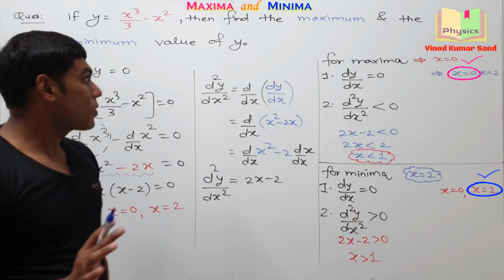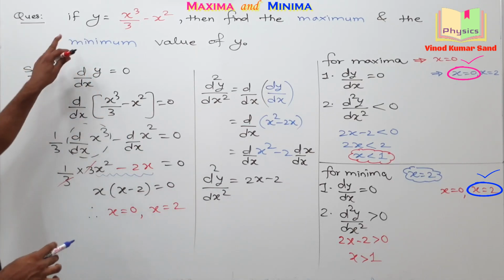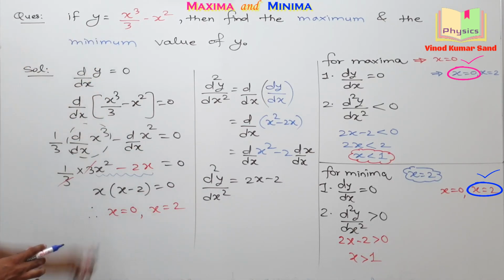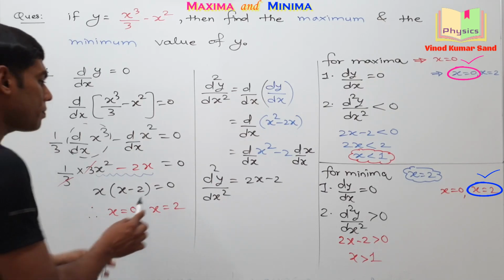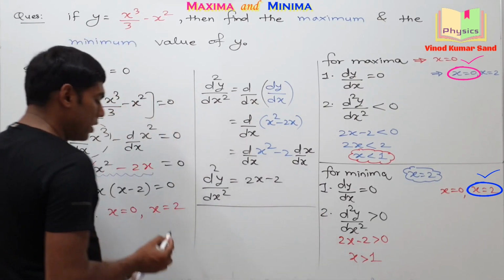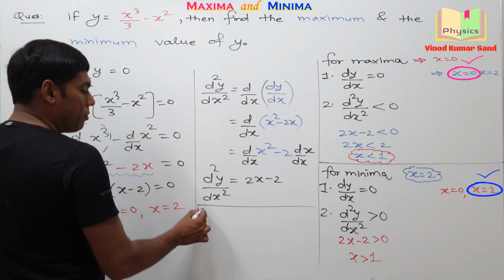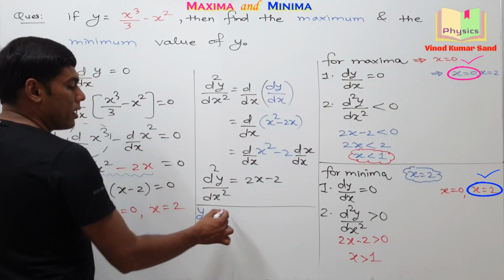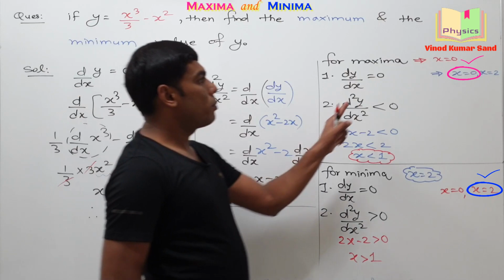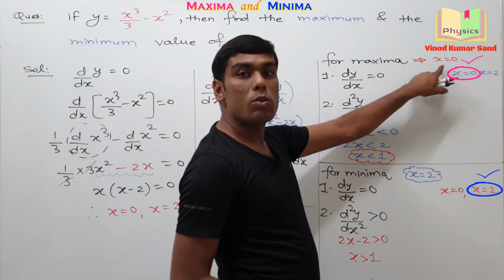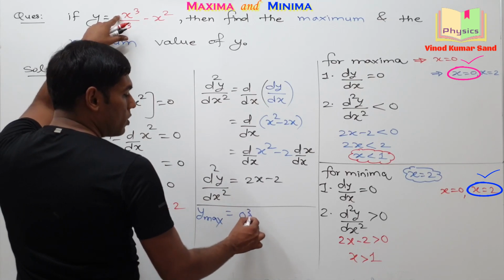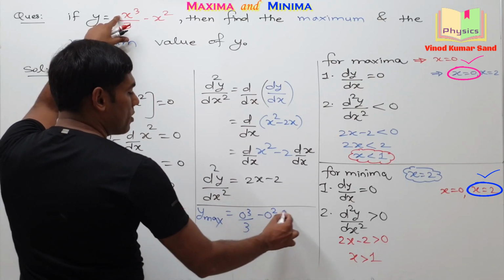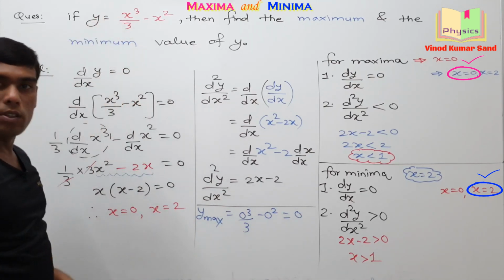Getting my point? Now we can easily obtain the maximum and minimum values of y. I am doing the calculations here. Suppose we want the maximum value of y, then maximum value of y will be obtained using x is equal to 0. I am putting here x is equal to 0. 0 cube by 3 minus 0 square, so answer is 0.